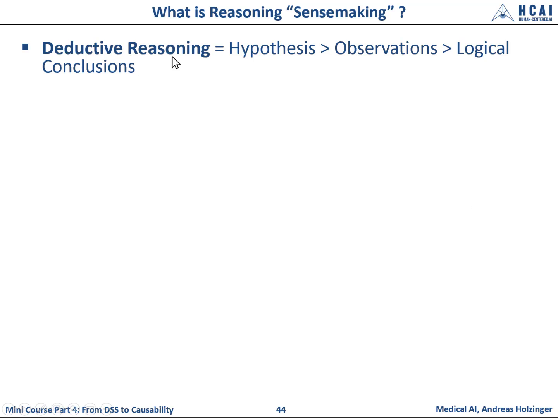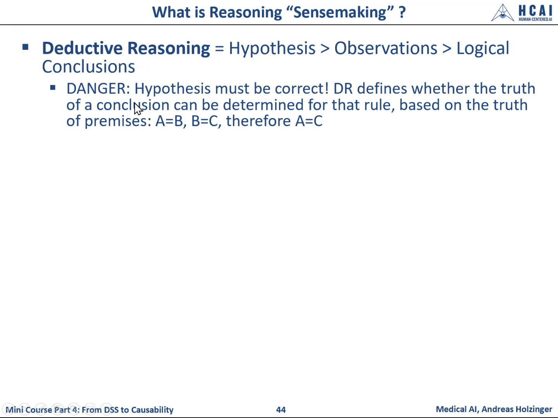We have deductive reasoning, for example. We have a hypothesis, we have observations, and we draw logical conclusions. Here's a danger: the hypothesis must be correct, because deductive reasoning defines whether the truth of a conclusion can be determined for that rule.